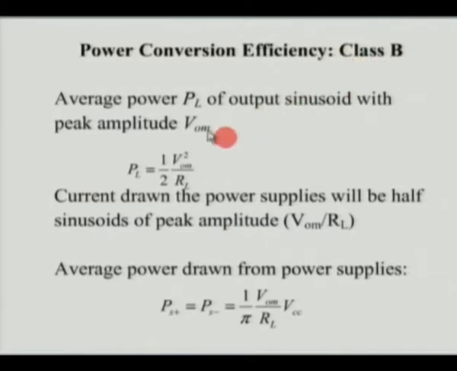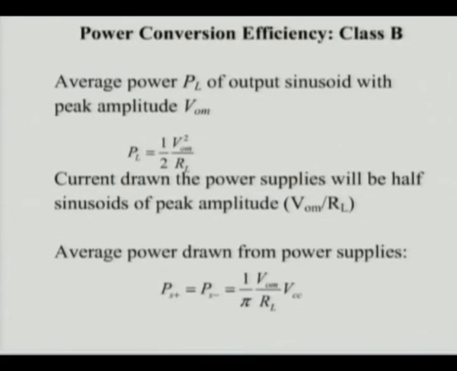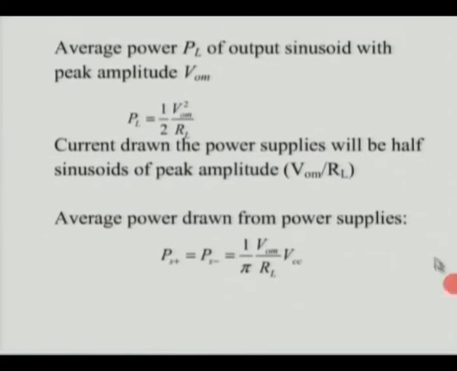Now for a class B power amplifier, once again we can write the same equations which we did for class A. The average power of the output sinusoid with a peak amplitude VOM is PL equals half VOM square by RL. Now the current drawn from the power supplies will be half sinusoids, because each of those transistors conducts only for half a cycle.